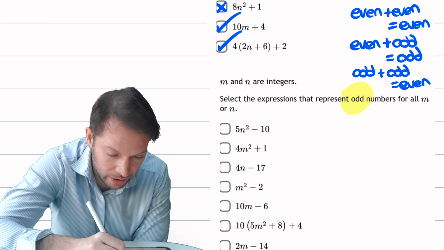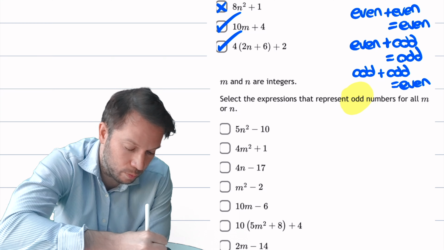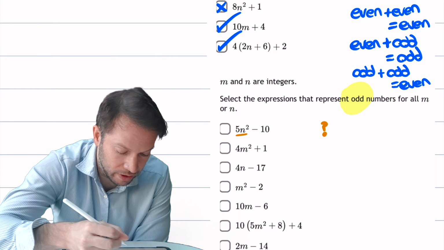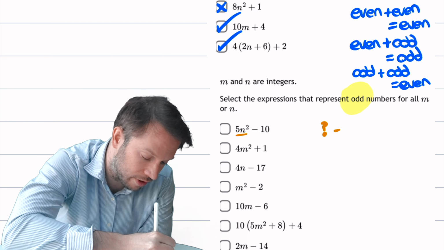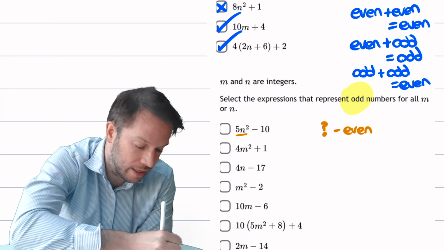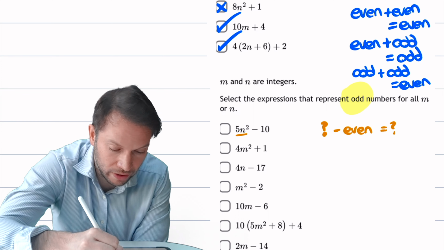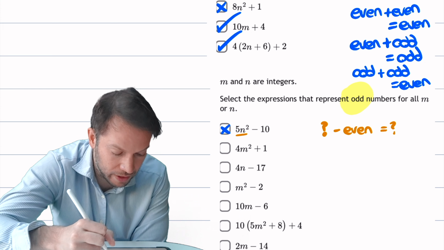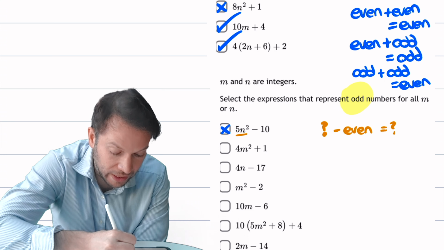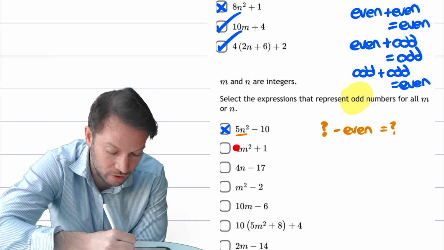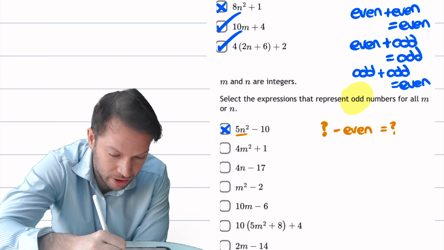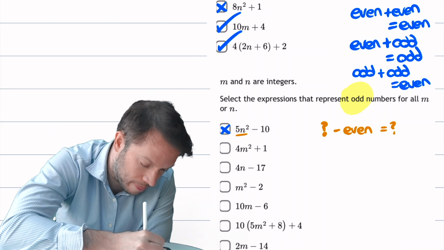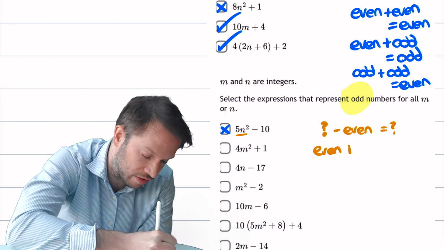This first one here, 5n squared, we said we don't know whether it's odd or even, but we're subtracting an even number, and that's going to be unknown. So we can't guarantee that that is odd. So that's a cross. The next one, we can guarantee it's even because it's 4 times something. That's guaranteed to be an even number, and we're adding 1, which is an odd number.